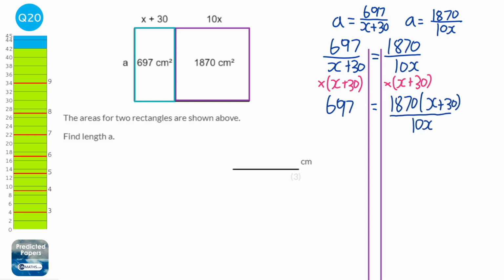Same thing again, but I'm going to get rid of the denominator on the right hand side, so I'm going to times both sides by 10x. So we've got 697 times 10, which would be 6,970x, because it's 10x. It won't actually do anything to the right hand side, but I am going to expand the top, the numerator.